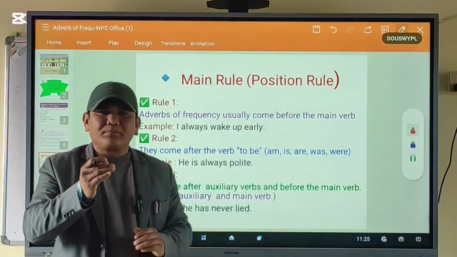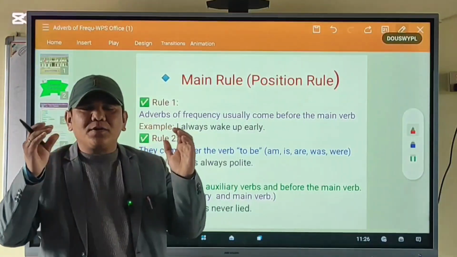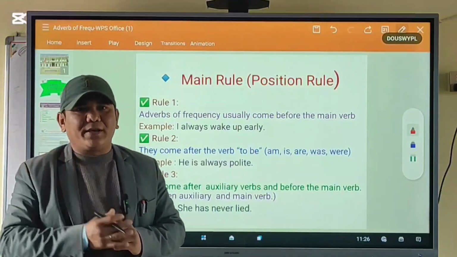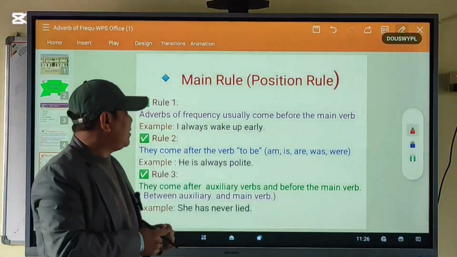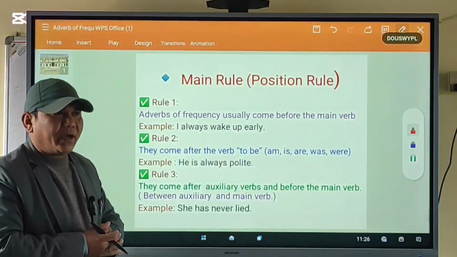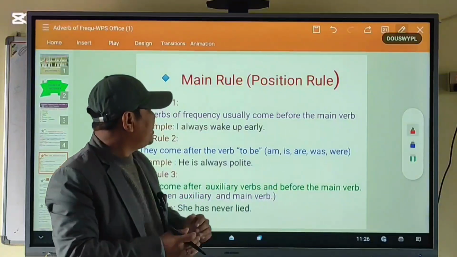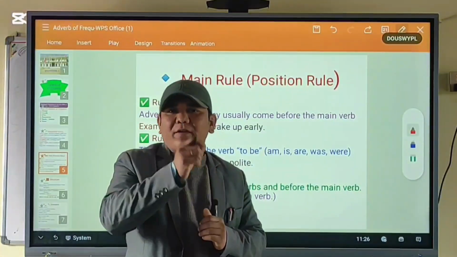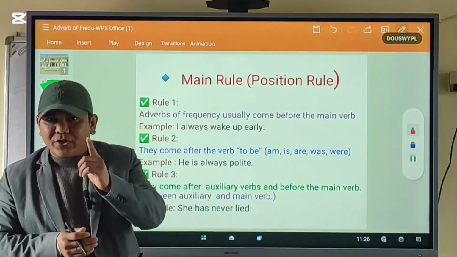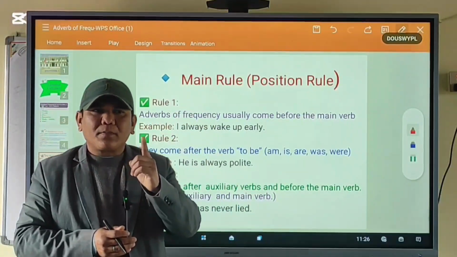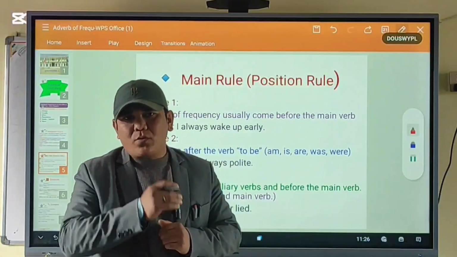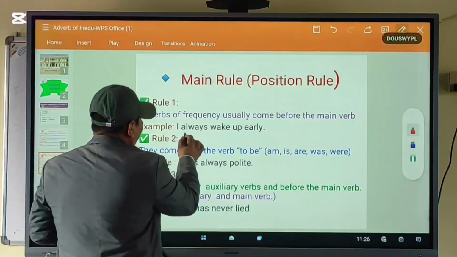We use different adverbs of frequency in different situations. For example, we have three positional rules. Okay? Adverbs of frequency usually come before the main verbs. Rule number one: adverb of frequency usually comes before the main verb. For example, look at this example.